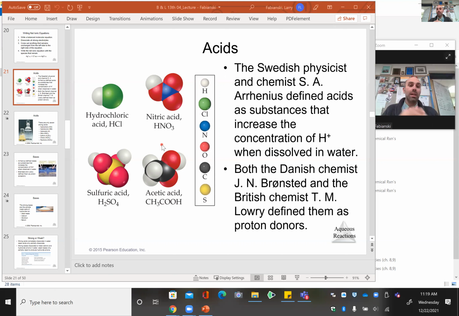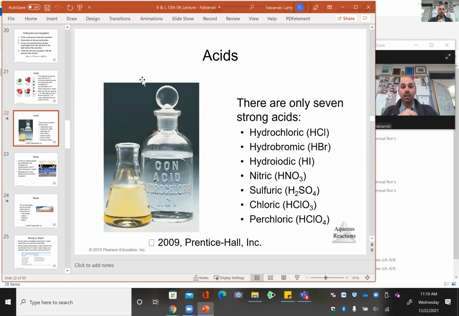Instead, we now have an additional definition, it doesn't take away the Arrhenius definition. We still have that. We now have an additional definition known as the Bronsted-Lowry definition of an acid. And this categorizes any substance as being an acid if it is a proton donor. A proton donor. We're going to get into exactly what it means to be a proton donor.